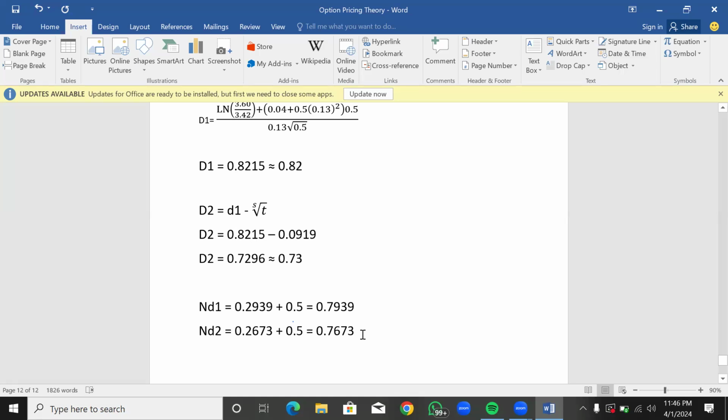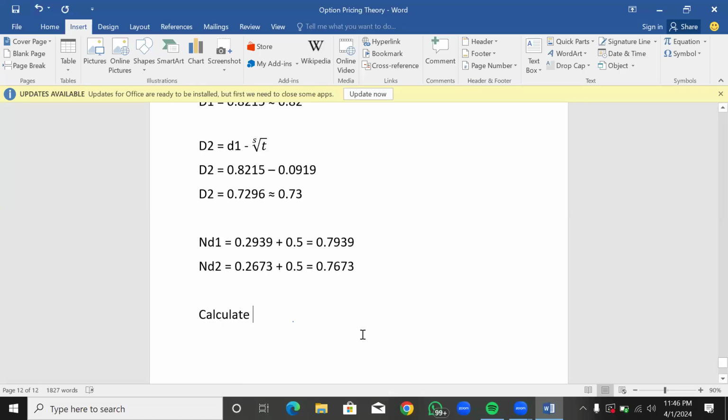So now we have our ND1, ND2. So what do we do now? Now let's go and calculate our call option. What's my call option formula again? Please, the way I'm writing all these formulas is the way you should write it in your exam too.